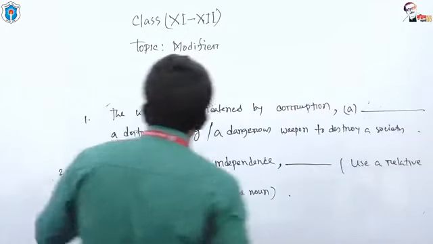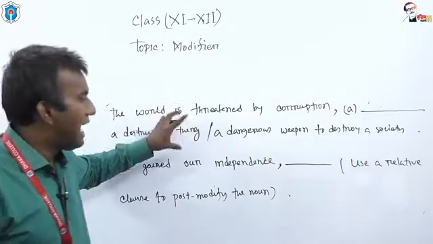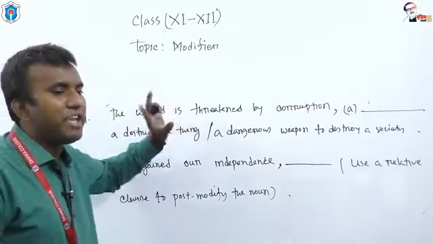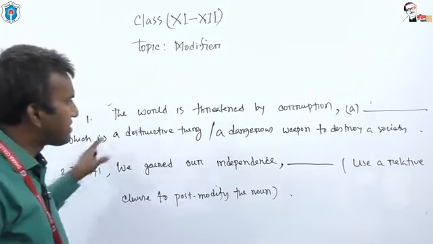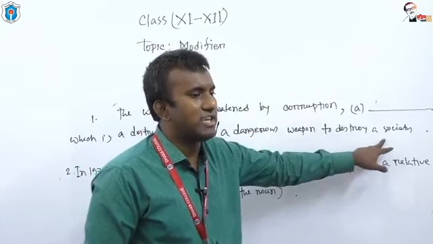Look at this, students. I have given you two appositives, and you can turn these appositives into an adjective clause or relative clause. Just use a relative pronoun. The world is threatened by corruption, which is a destructive thing, which is a dangerous weapon to destroy a society.